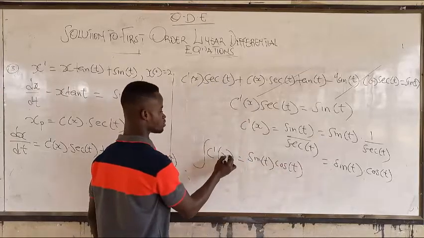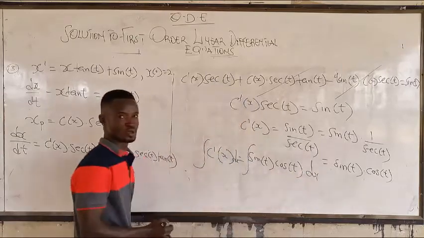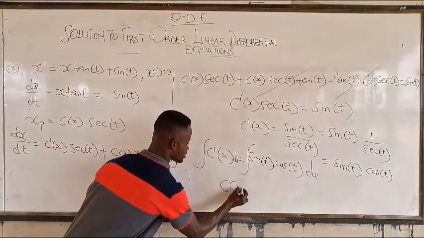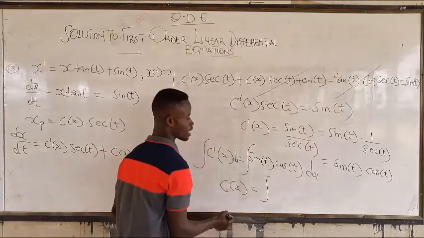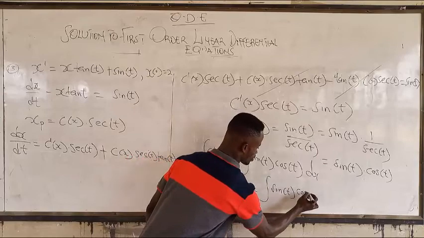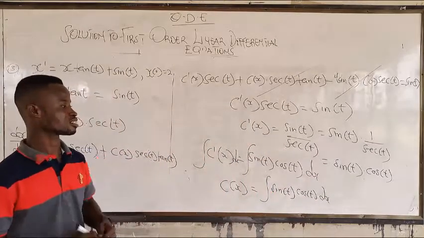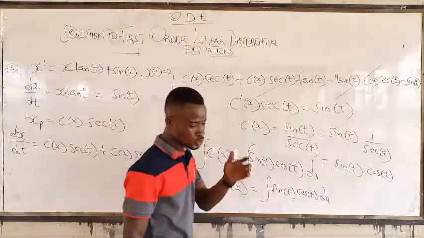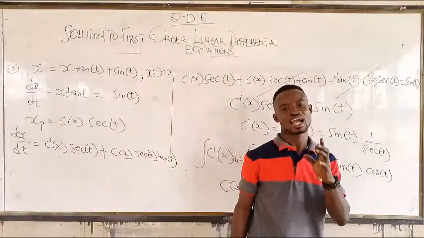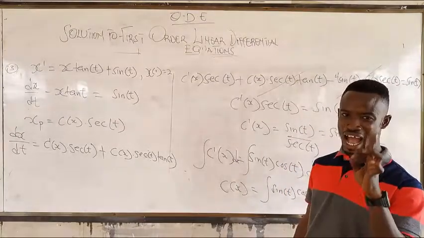So we integrate both sides with respect to x. So we get c of x to be equal to integral of sin t cos t dx.